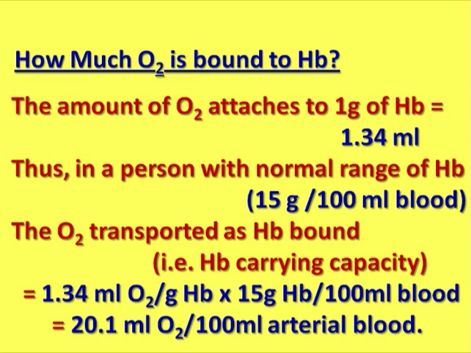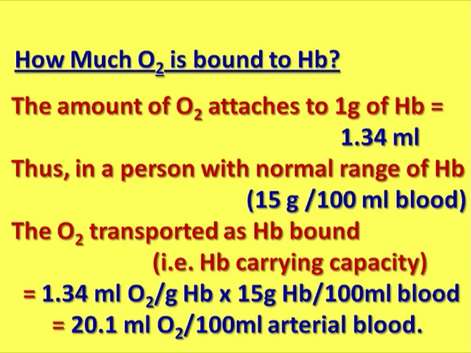The amount of oxygen that attaches to 1 gram of hemoglobin is approximately 1.34 ml. And for a normal person, the amount of hemoglobin present is 15 gram percentage, or 15 grams per deciliter, or 100 ml of blood.